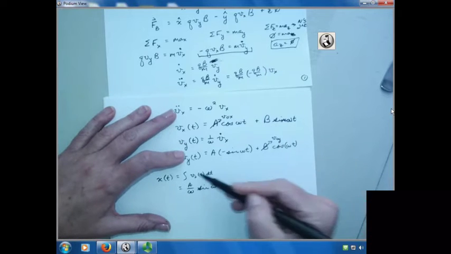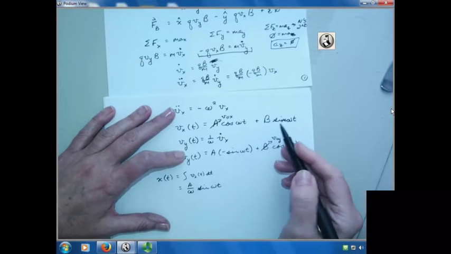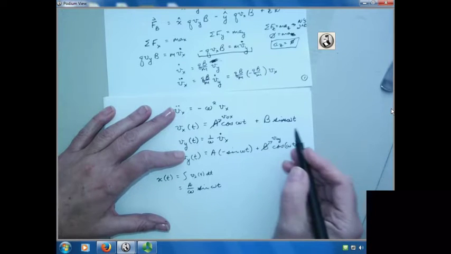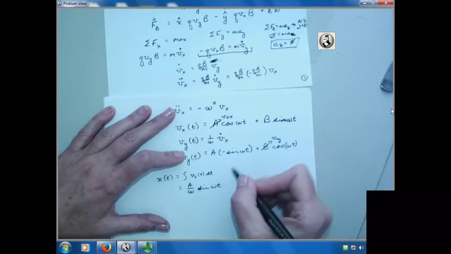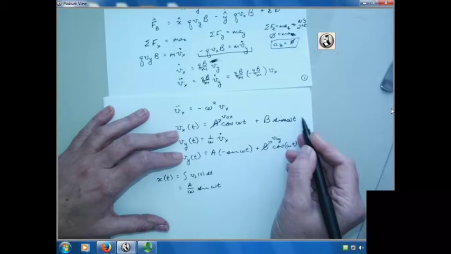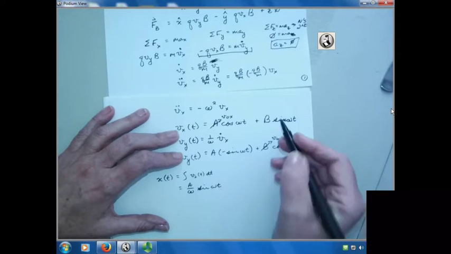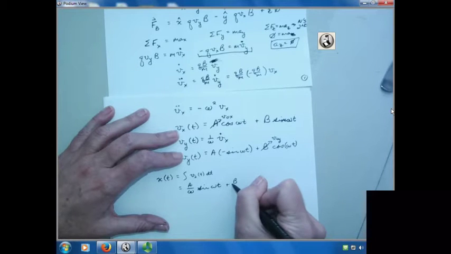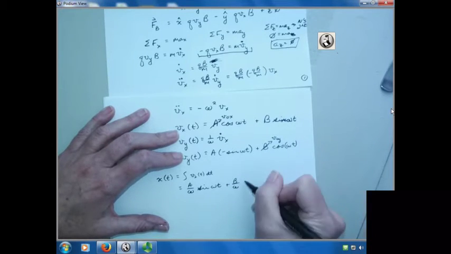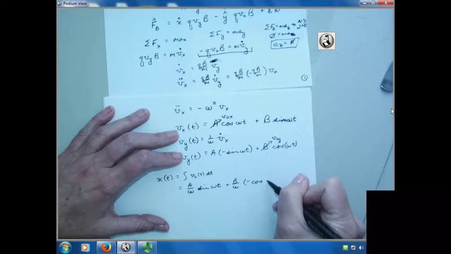And I'm just going to do the indefinite integral right now. We'll talk more about the exact solution when I solve it a different way. Plus B over omega, because I need to multiply this by omega to get the proper Jacobian to multiply my dt. So plus B over omega times the integral of sine omega t times omega dt, which gives me negative cosine omega t.